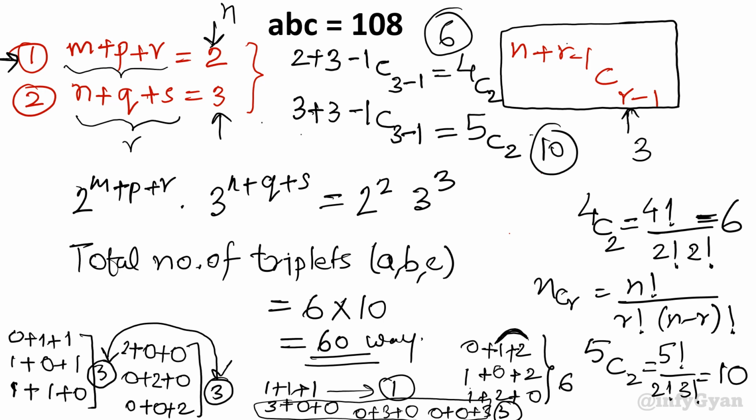So here we get 6 cases. So 6 plus 4, total 10 cases are there. So 6 cases here, 10 cases here. Because you have to multiply them, the answer will be 60.